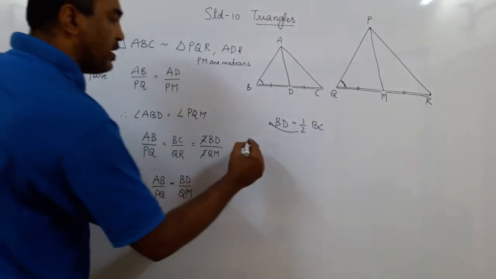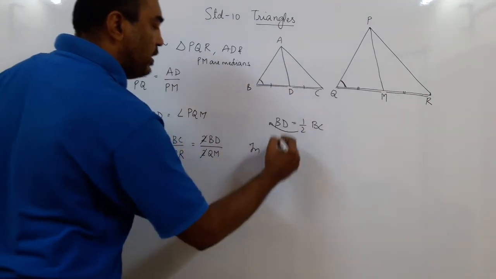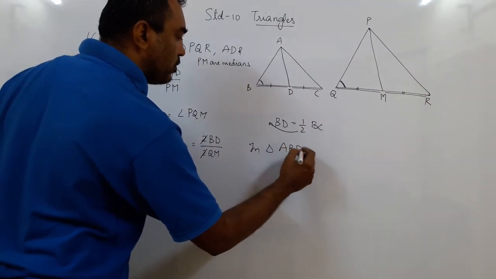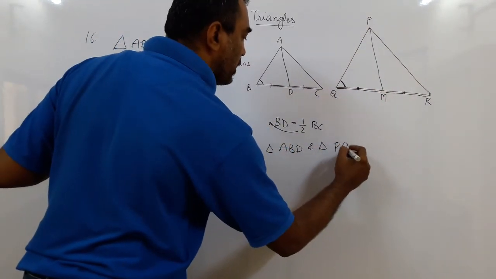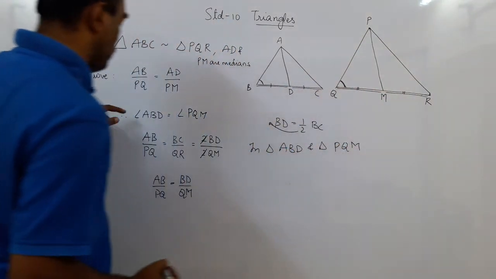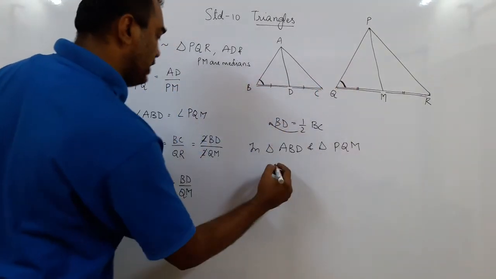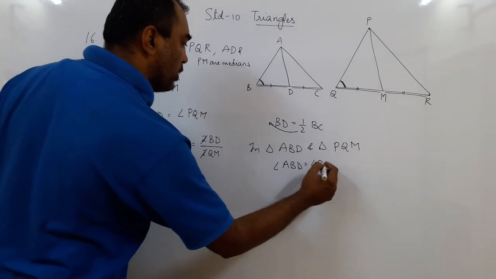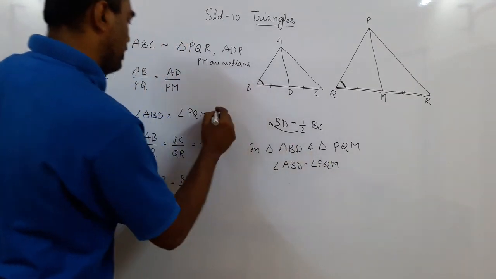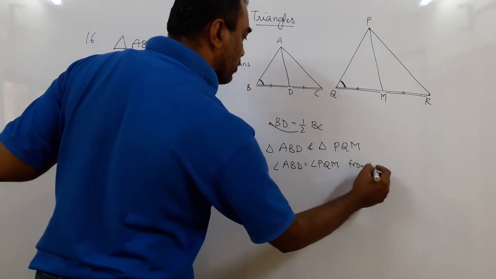So which two triangles do I take? I take triangle ABD and triangle PQM. In ABD and PQM, what have we got? This angle and this angle are equal. Angle ABD equal to angle PQM, from 1.